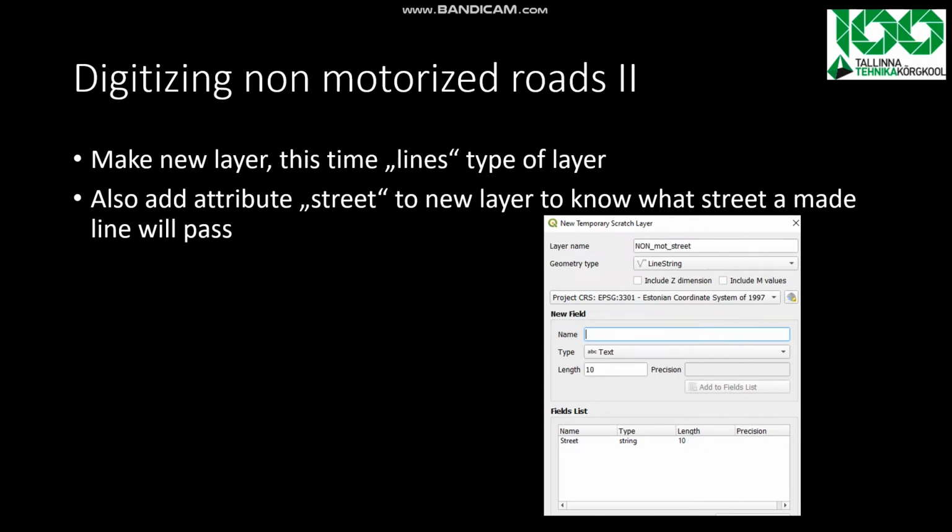Next we have to digitize our non-motorized traffic roads. For that we have to make a new line layer, and we also have to add an attribute of streets. It has to be a string type.